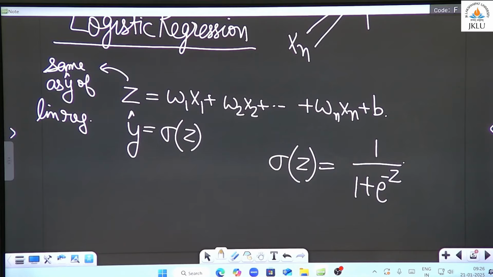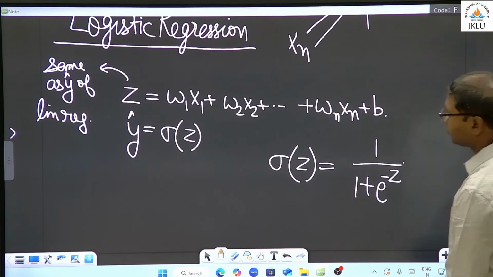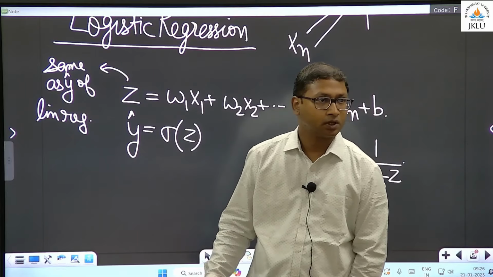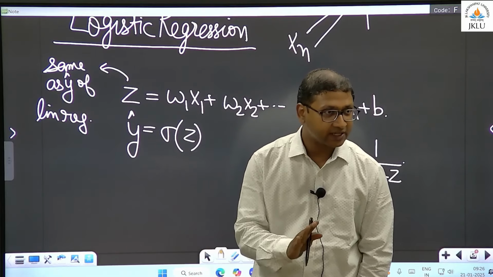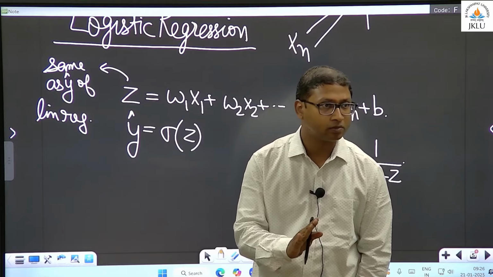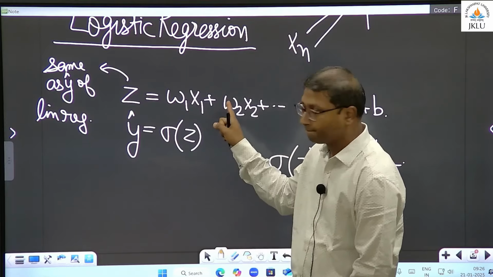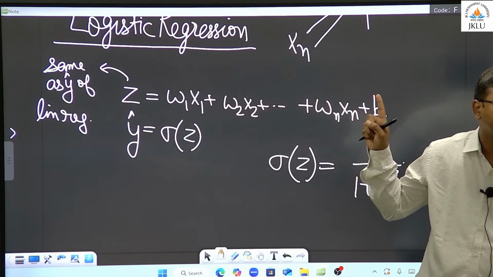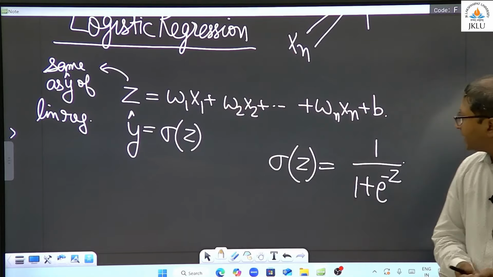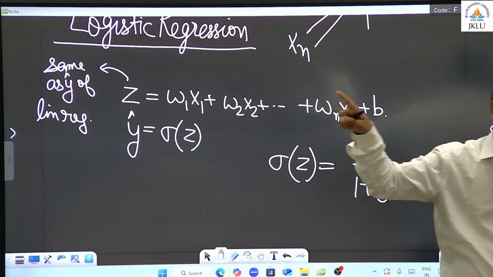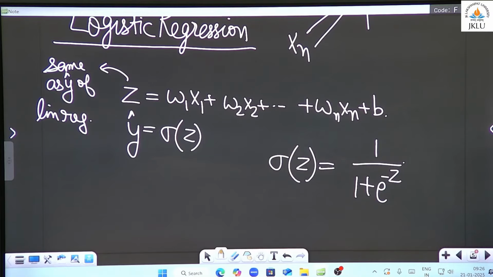The hypothesis function is that one. Logistic regression? No, the hypothesis function is that. This is the only one we have. So when you say logistic regression, this is the algorithm. Nobody stops you from having something else, but that won't be called logistic regression.